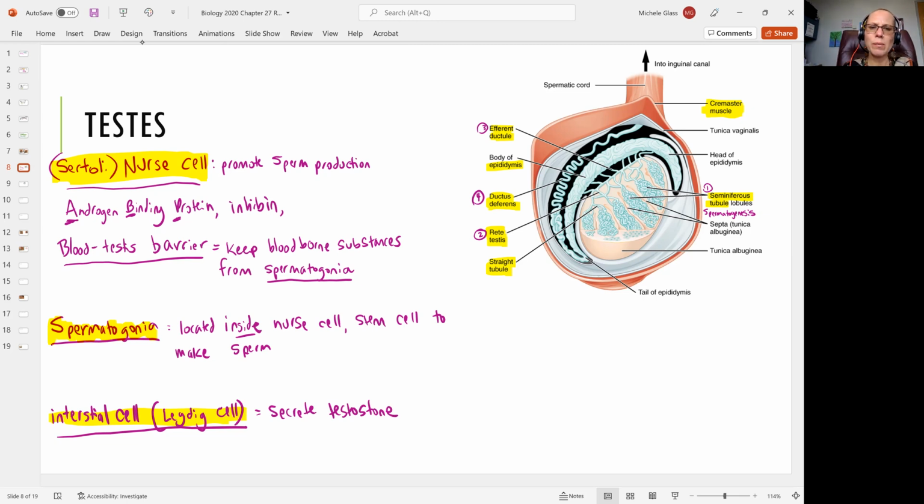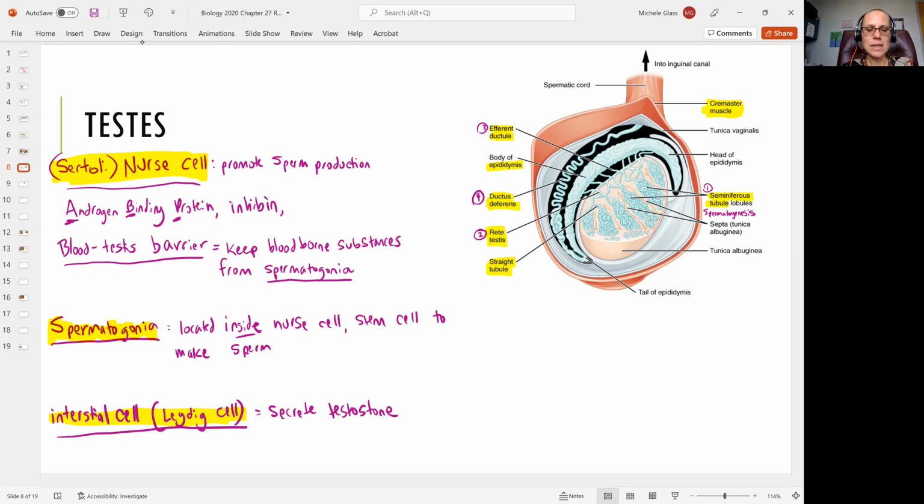Testosterone is our primary male sex hormone. So testosterone is important in promoting spermatogenesis, but also maintaining and developing what we describe as secondary sex characteristics. So these are the differences that we see biologically between a biological male and a biological female.